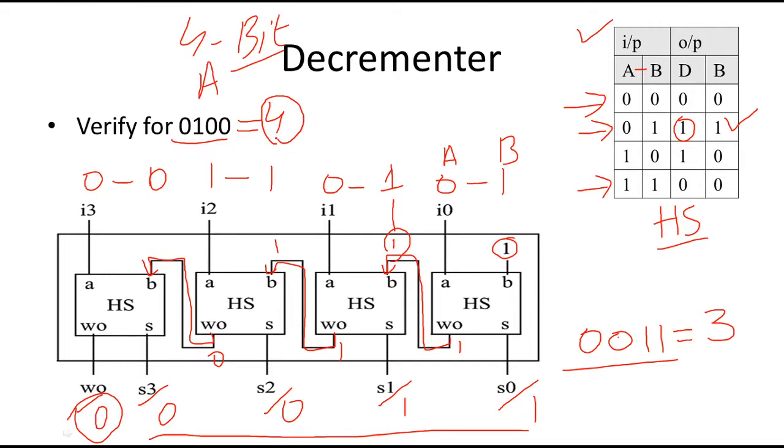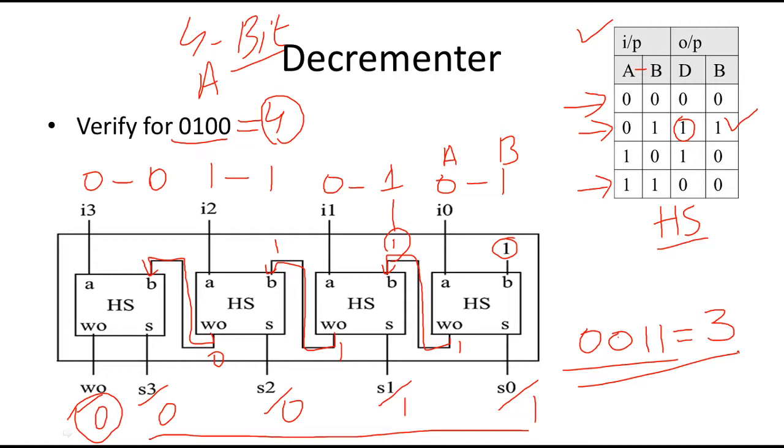So to implement a decrementer with half subtractors, we can use 4 half subtractors for a 4-bit decrementer, and it uses much less complex circuitry or gates, and achieves our result in an efficient way. That's it for today's session. In this session, we have discussed 2 approaches to implement decrementing functionality.